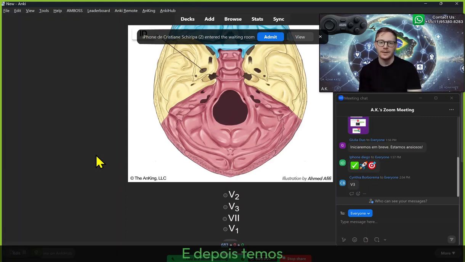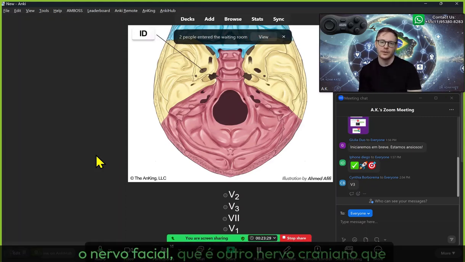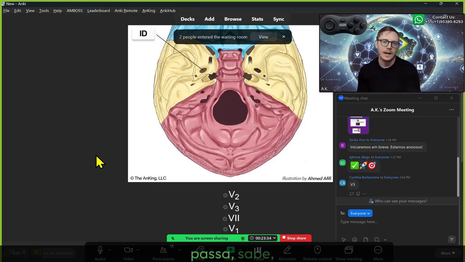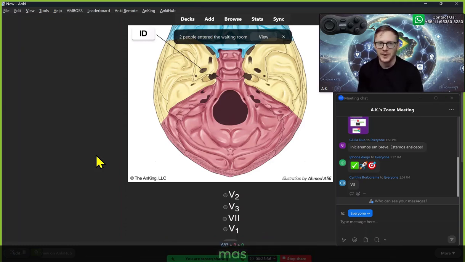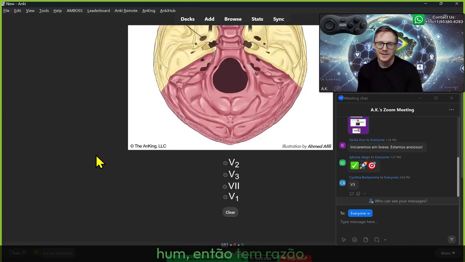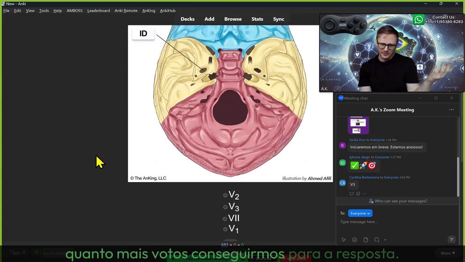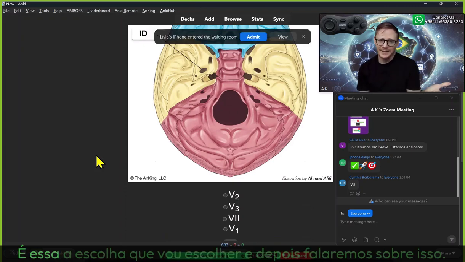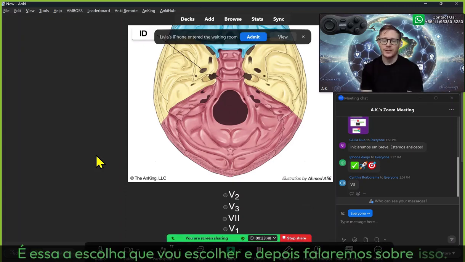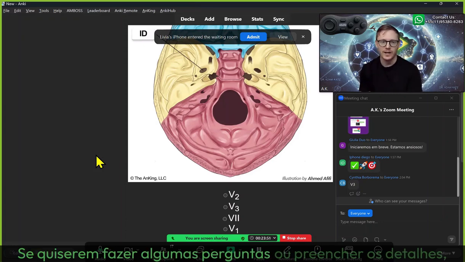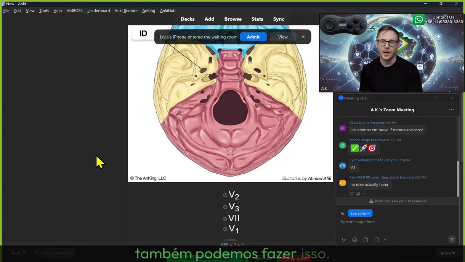And then we have the facial nerve, which is another cranial nerve that runs through one of these openings, but it's not the foramen ovale. So you're right. The more votes we get for an answer, that's the choice I'm going to choose, and then we'll talk about it. If you want to ask questions or fill in the details, we can do that as well.